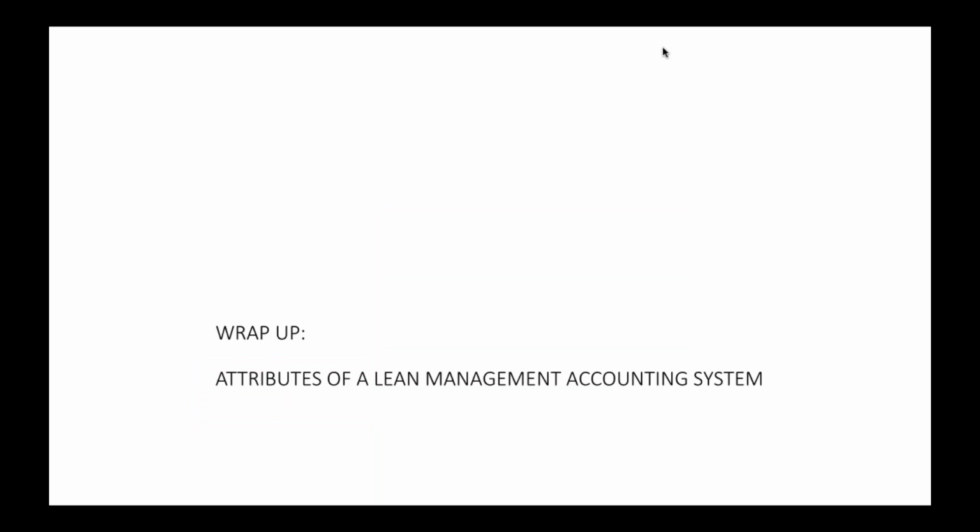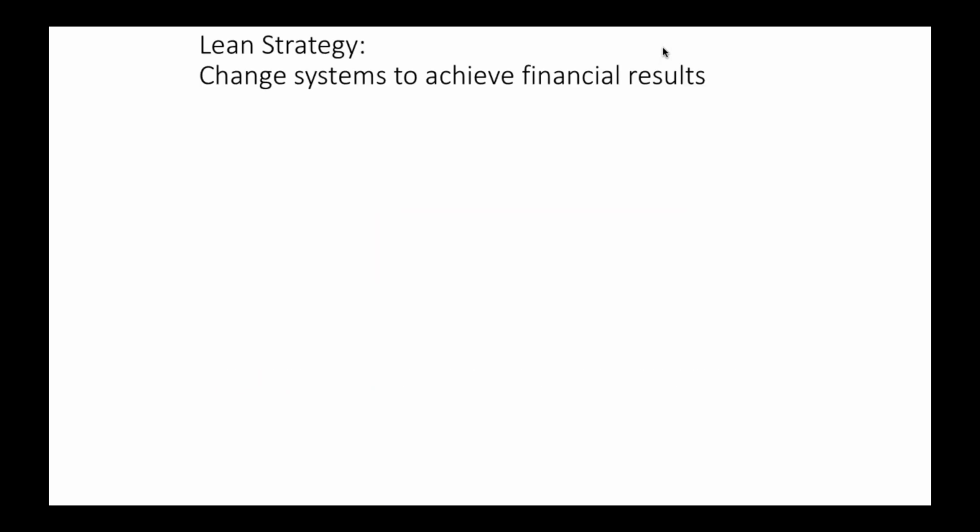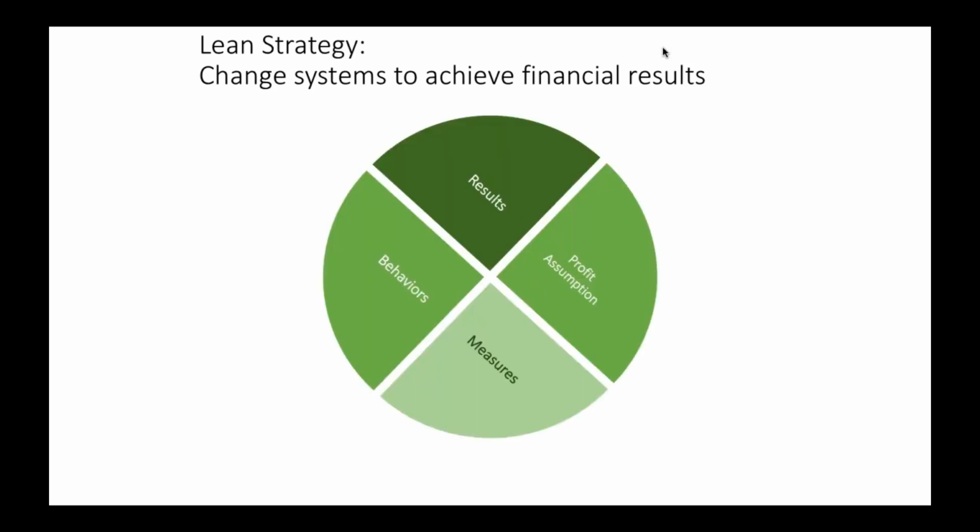So let's talk about the attributes of a lean management accounting system. First of all, before we talk about the specifics of lean accounting, let's talk about a lean strategy. A lean business strategy is really about changing systems to achieve financial results.